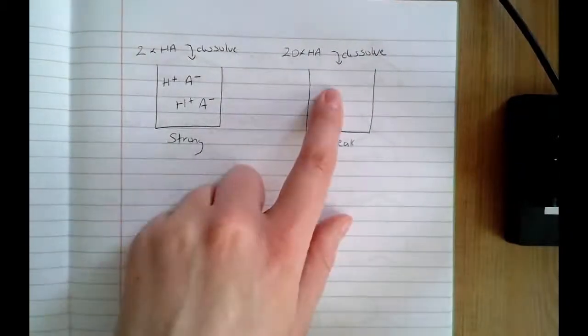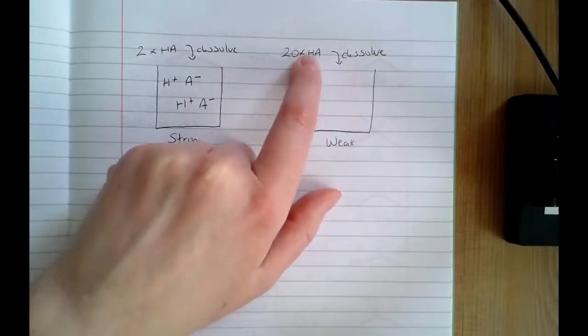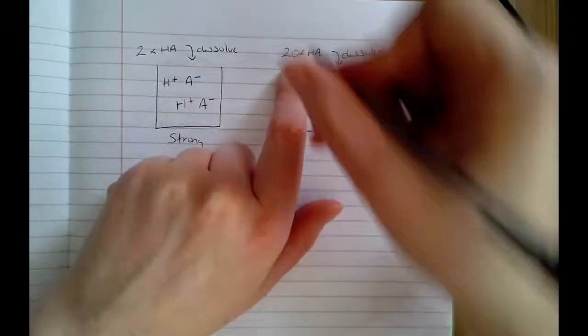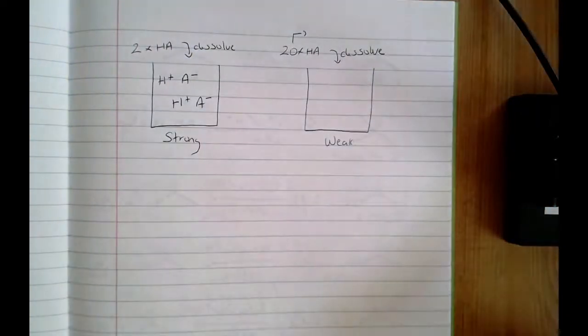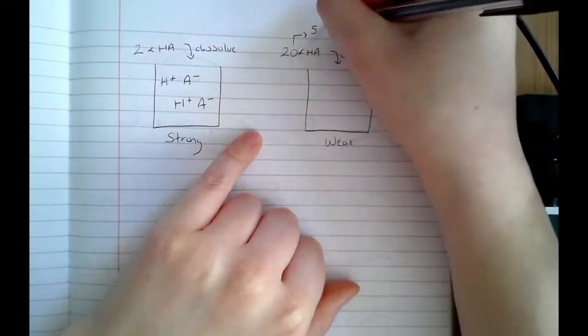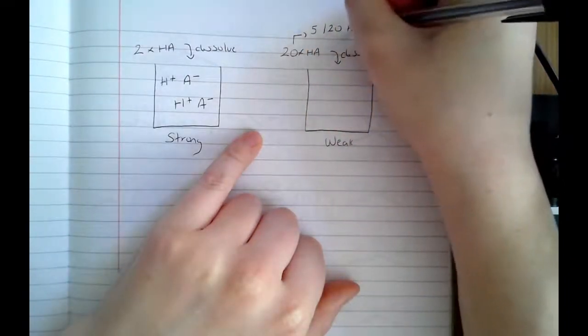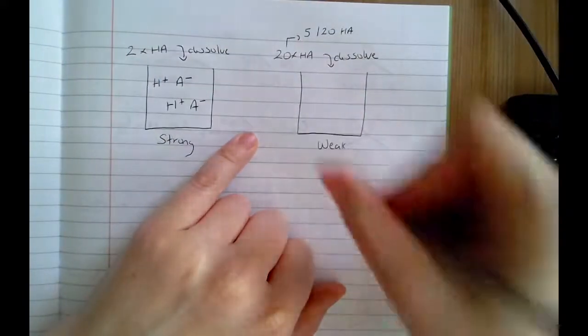minus. In my weak acid, I'm not going to draw out 20, but in my weak acid, they're not going to fully dissociate. So let's just say that a quarter of your acid molecules are going to dissociate, which means 5 out of your 20 HA molecules will split up, the other 15 won't.